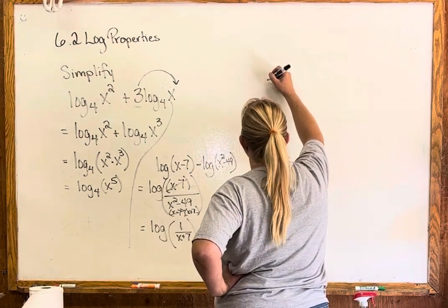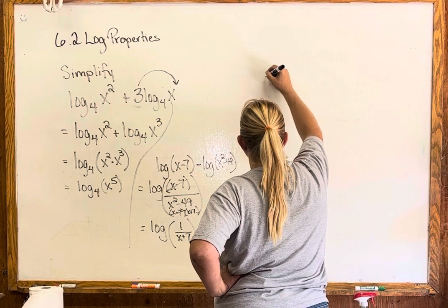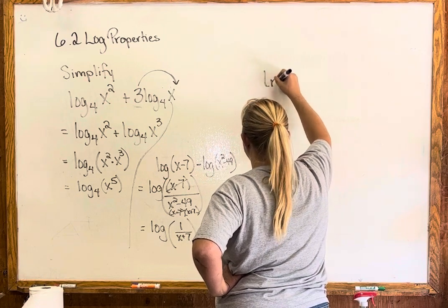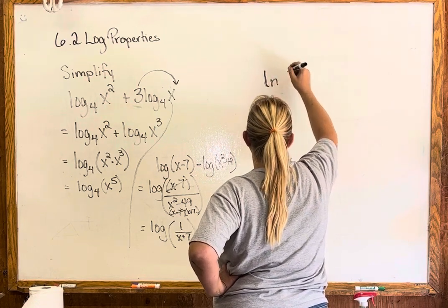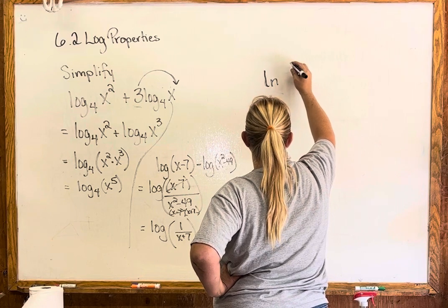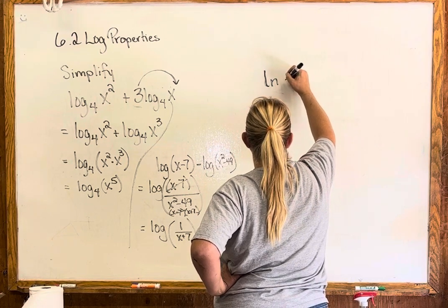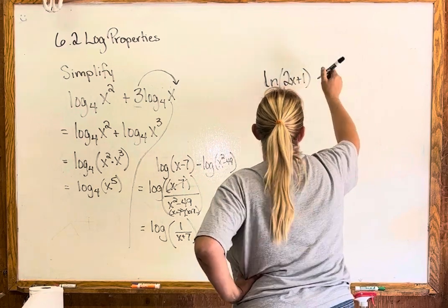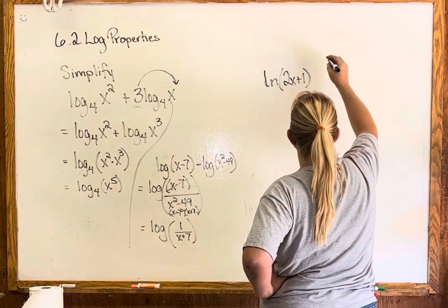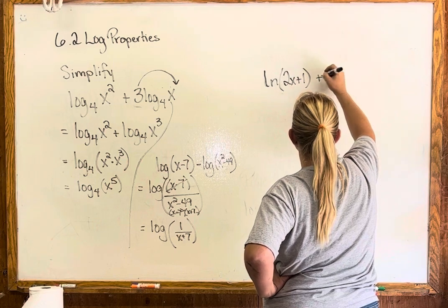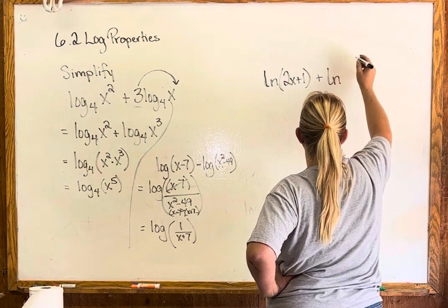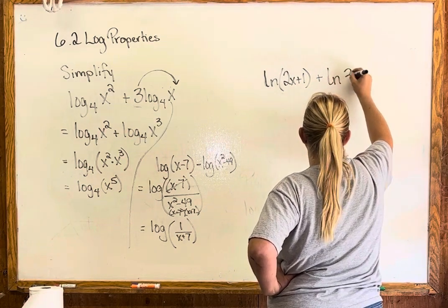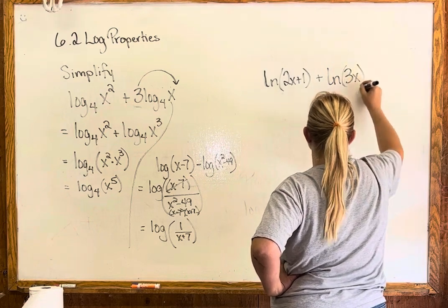Let's say that we had the ln, the natural log of 2x plus 1, plus the natural log of 3x.